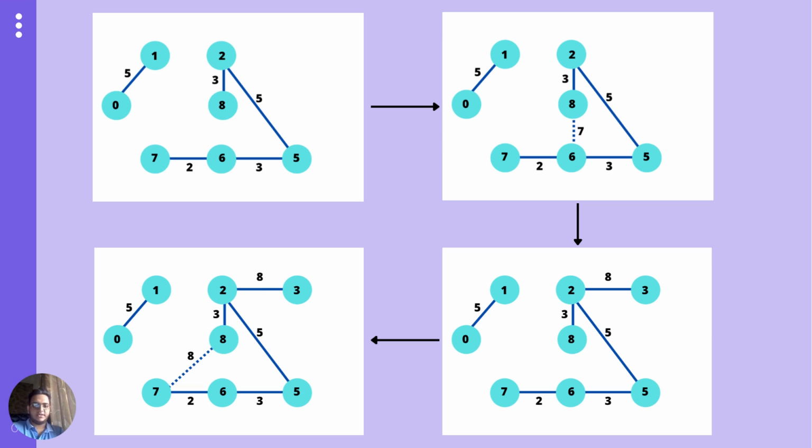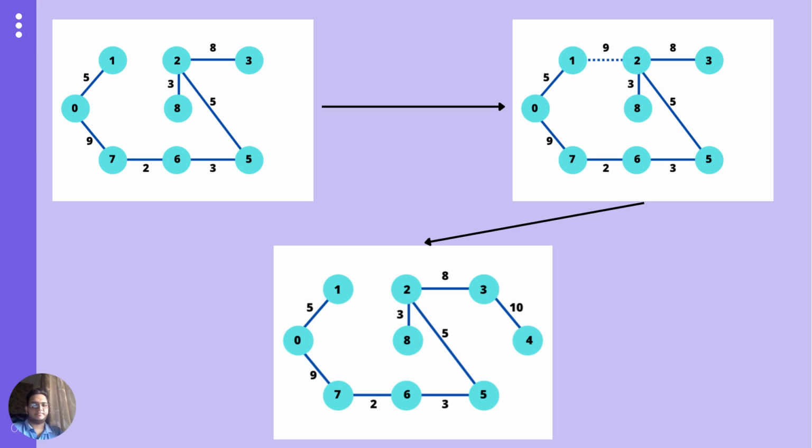Now, next will be the edge from 0 to 7. This does not form a cycle, so we are going to include this. Now we pick the edge 1 and 2, and this will form a cycle, so we are not going to include this edge.